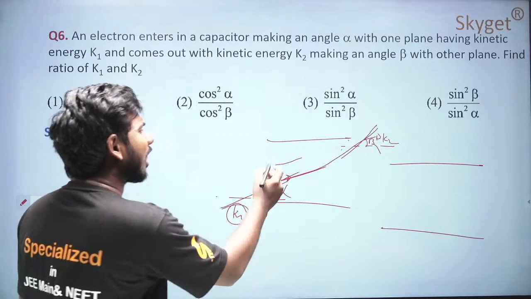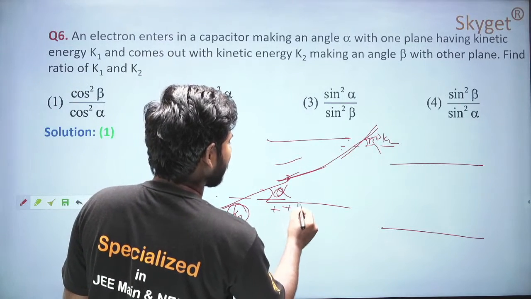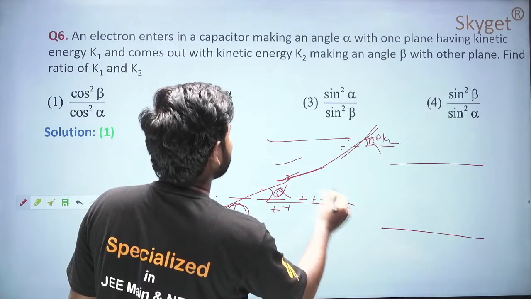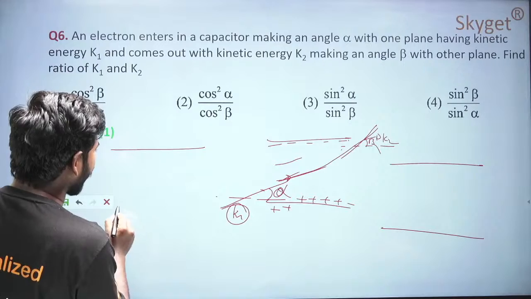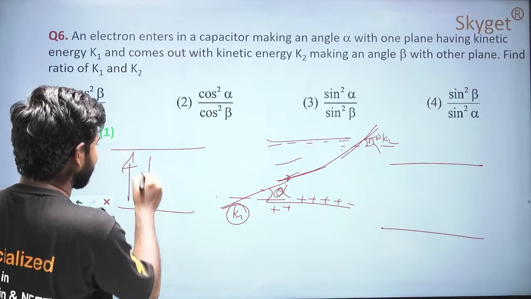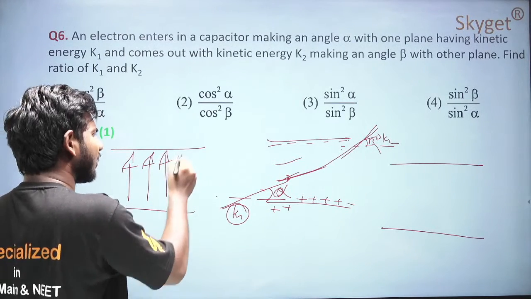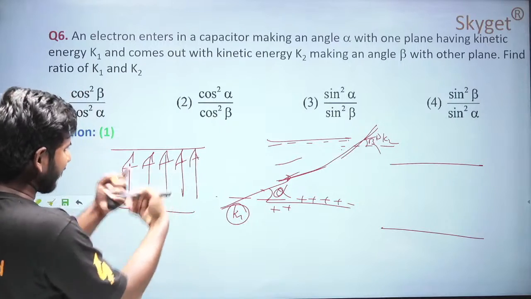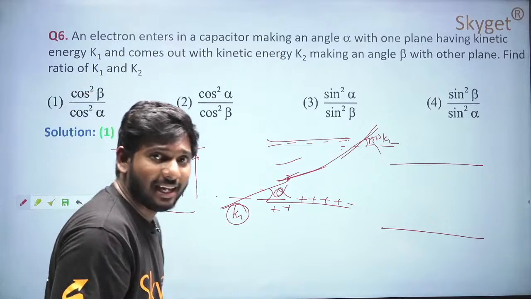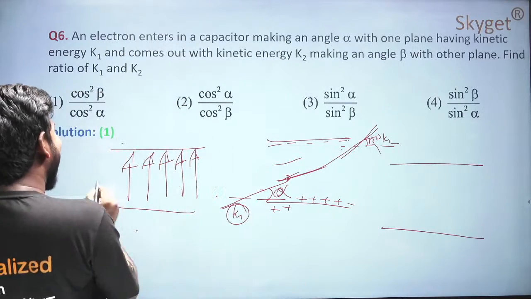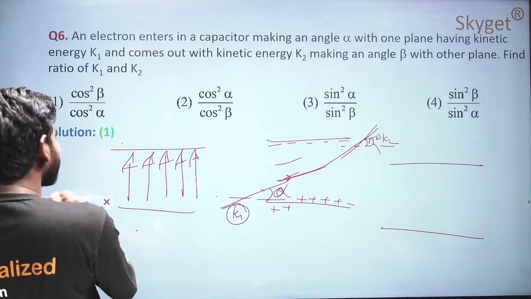Here in a capacitor, one plate is positive, which means the other plate will be negative. So there will be a uniform electric field. That might be in any direction, this might be positive and that negative, or this might be negative and that positive.